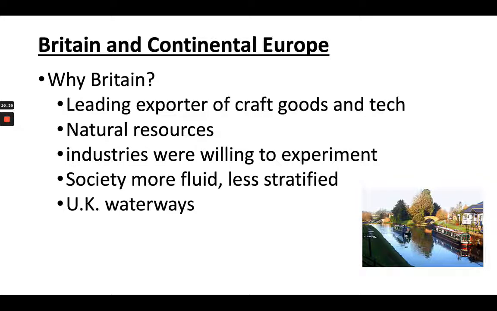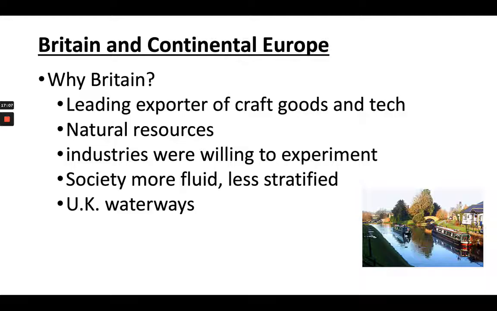The other thing is that England has a lot of natural resources that will allow for the Industrial Revolution. Huge coal reserves, metal minerals. You also have transportation infrastructure already in place. The UK has lots of rivers and waterways and canals, making it easy to move goods.